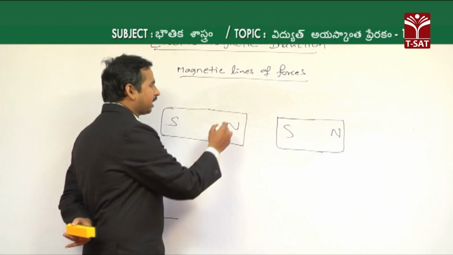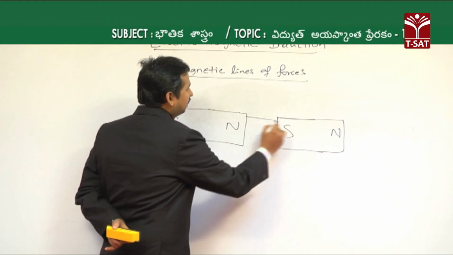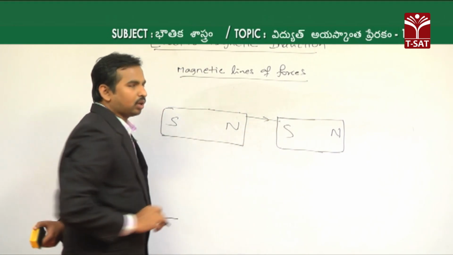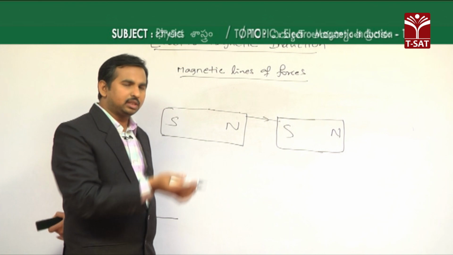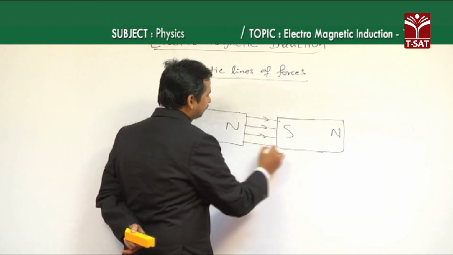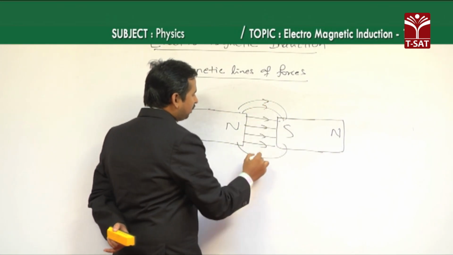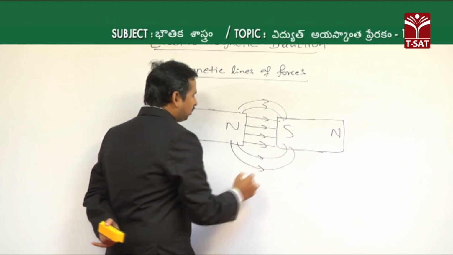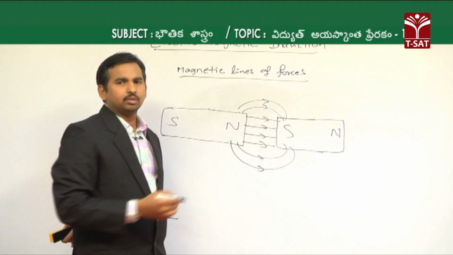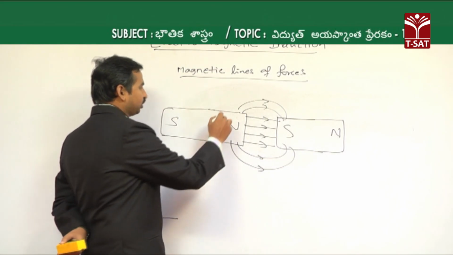Then, as the magnetic lines of force start from the north pole, the magnetic line which starts on one magnet actually ends on the south pole of the other magnet, for example like this, which means that we have a contact, a relation between the north and south. That is why it is called attraction.